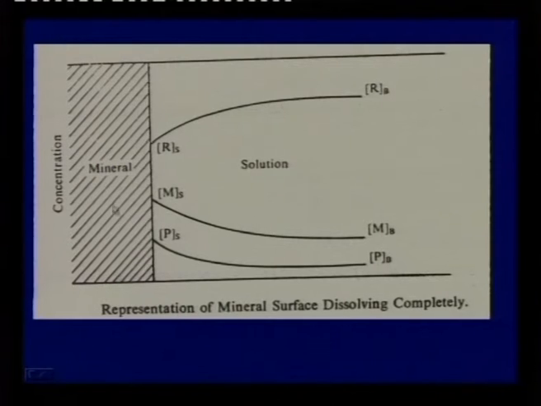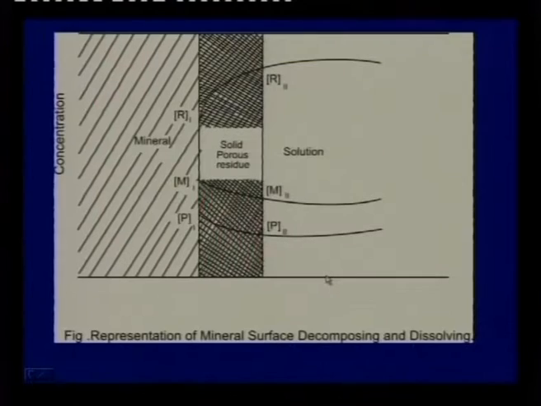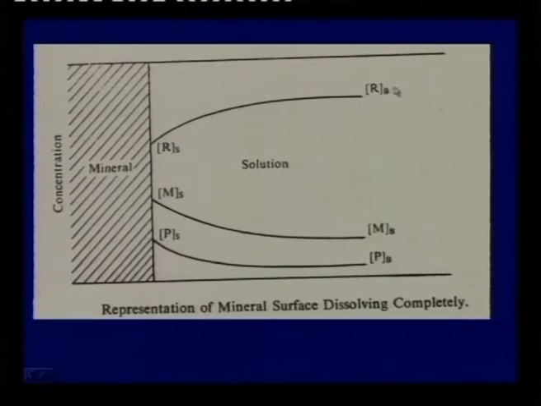The concentration must be increased here. If there are some other products, residues, apart from metallic values that go into solution, this would also have a concentration profile. If there is a solid porous residue, then the diffusion processes take place through that residue.